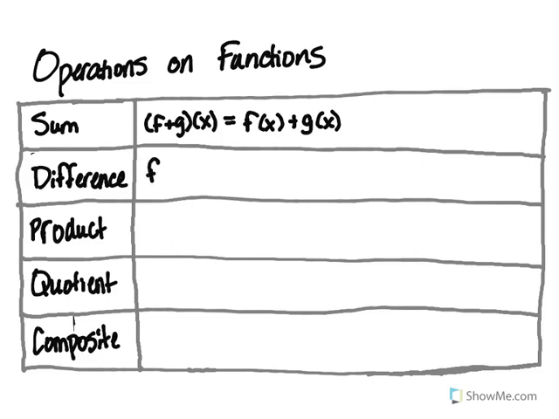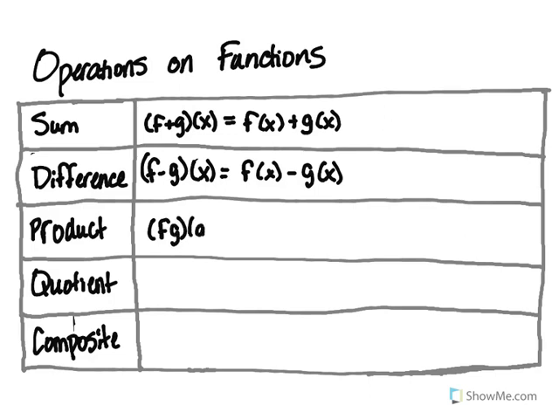Now difference is obviously subtraction. So we have f minus g of x. That's how we say this. It's going to look like the function f of x minus the function g of x. If we have the product, which is multiplication, we have f times g of x.